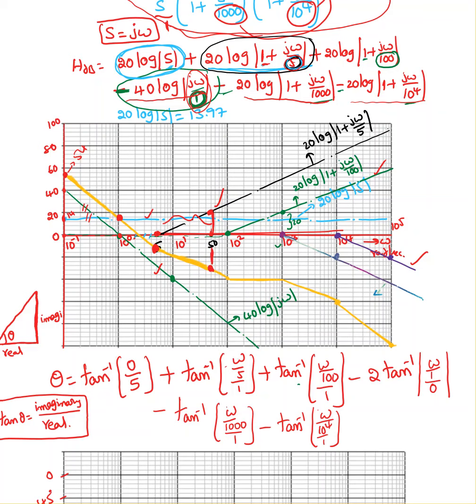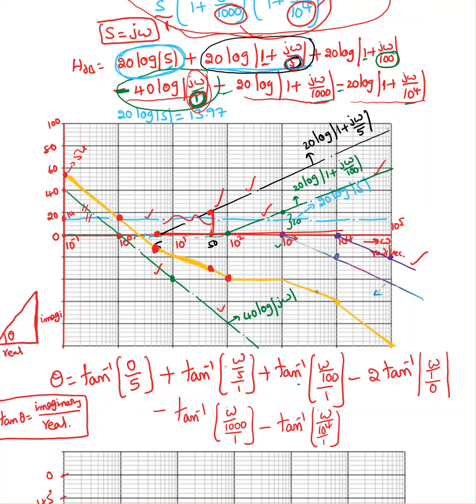But continue up to the next corner frequency. So here I have 20 going up positive, another 20 positive, but 40 negative. So what happens? They cancel out each other. It's going to be a straight line, and at the end you're going to add up another 20, add up another 20.